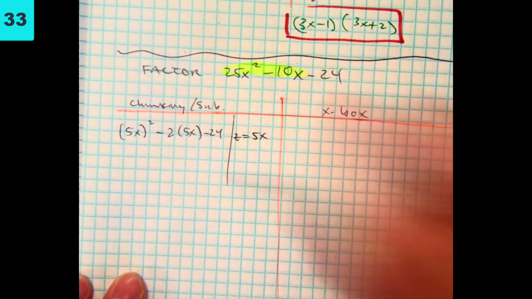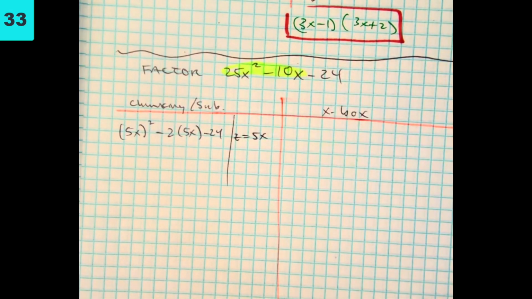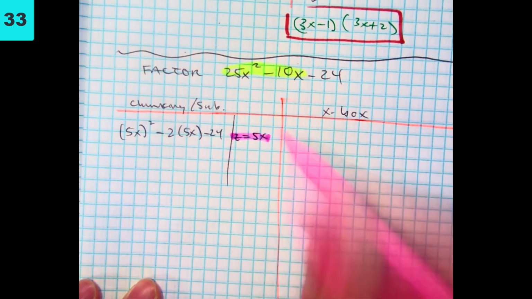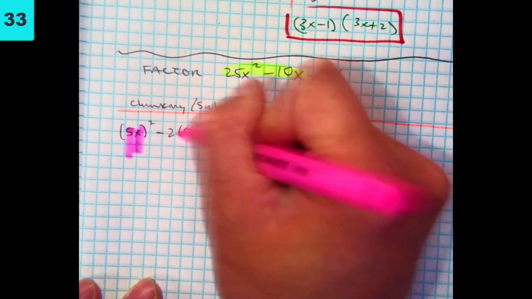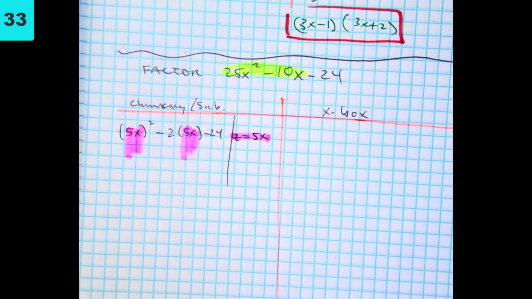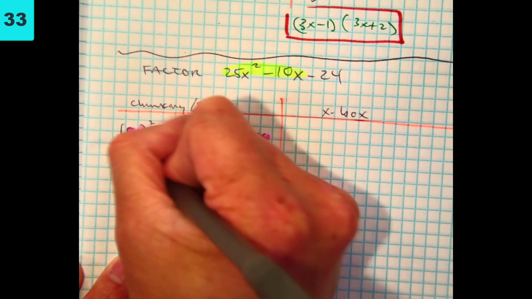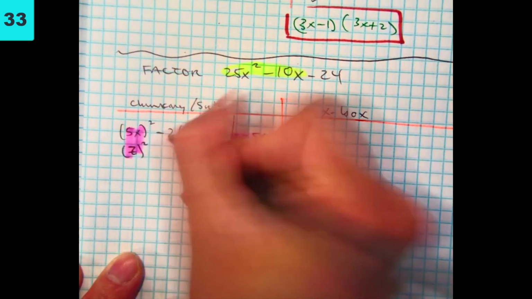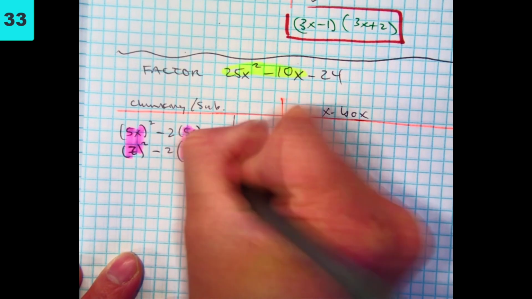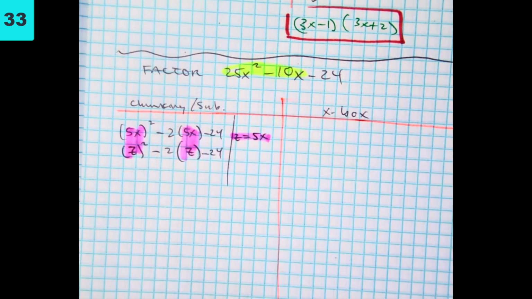Okay. And then there's my substitution, right? Every time I see 5x, we can write which variable? So I have z squared minus 2 times z minus 24.